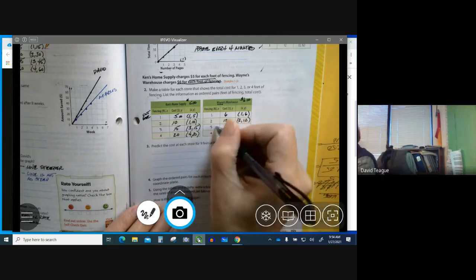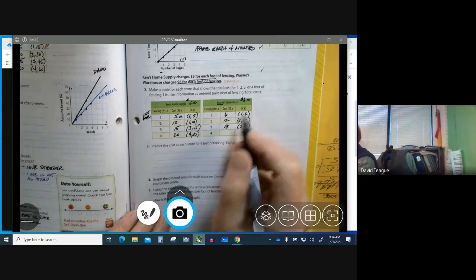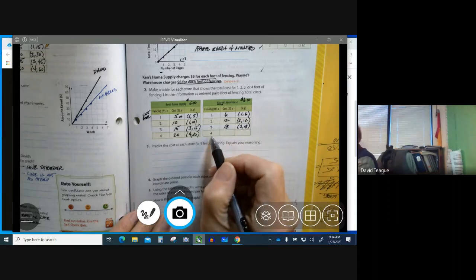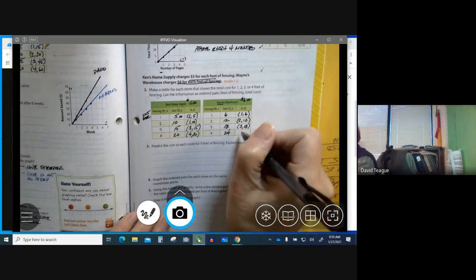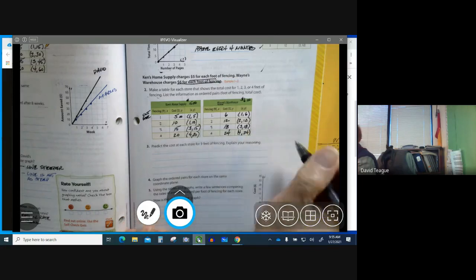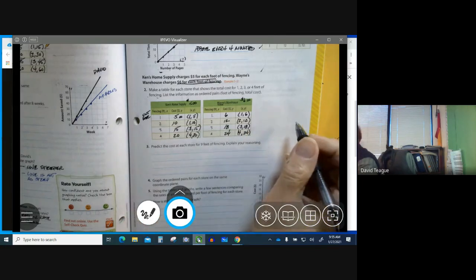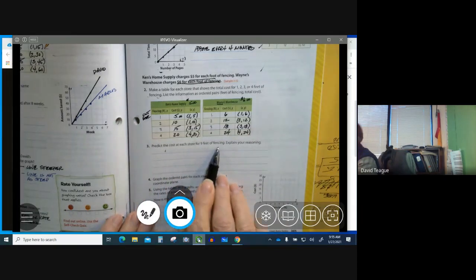And our ordered pair is (3, 18). Then we have 4 feet of fencing. So 4 times 6 is 24. And our ordered pair is (4, 24).